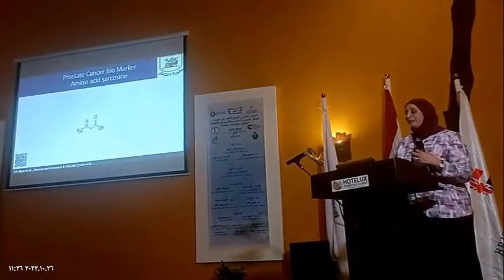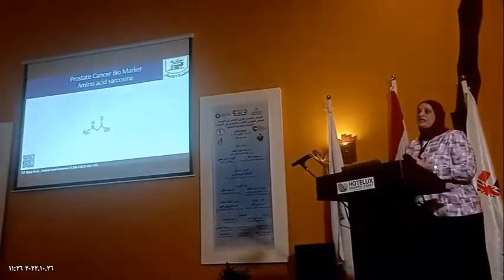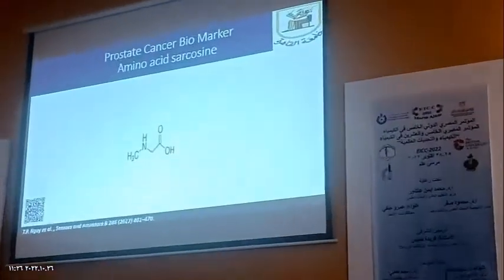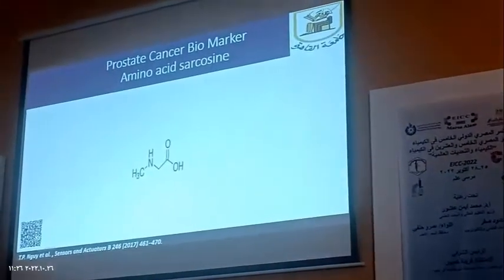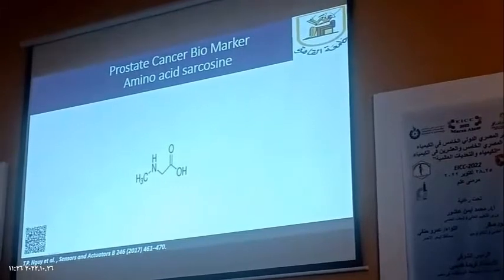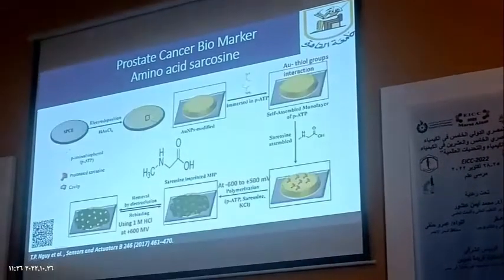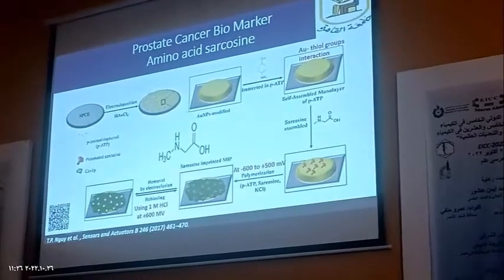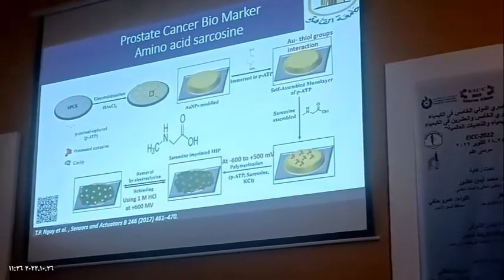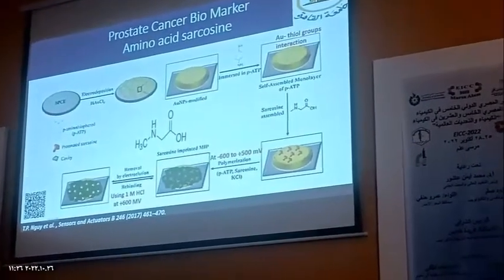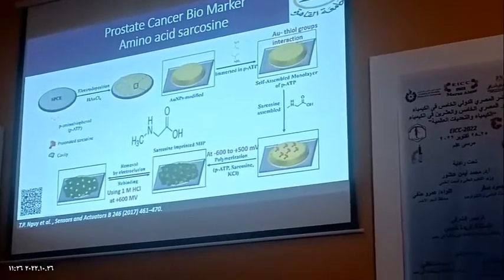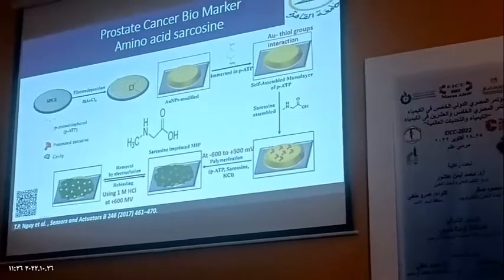Also, we have examples for biomarkers. So instead of doing the genetic tests and the histological tests that take a hell of a lot of time and are very expensive, we have an example, but this is not our work, of course. It's designed for sarcosine, and sarcosine is one of the prostate cancer biomarkers. I can tell you frankly that prostate cancer is the worst type of cancer affecting males throughout the world.